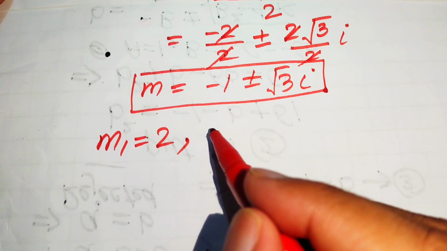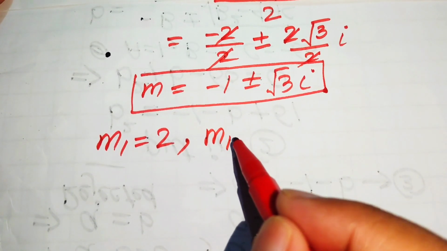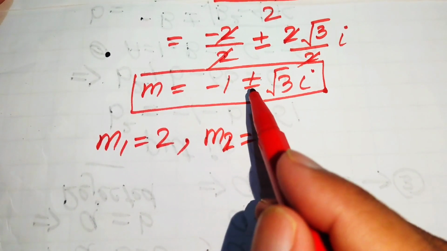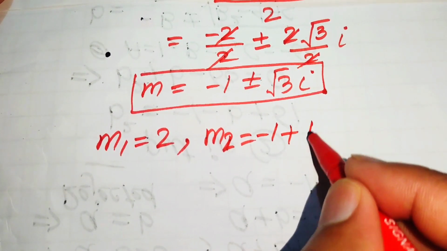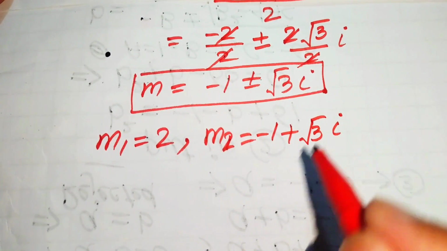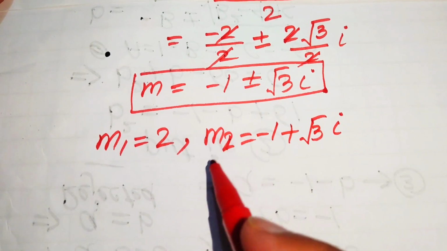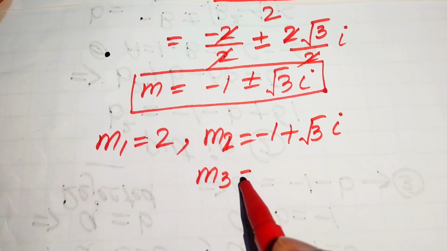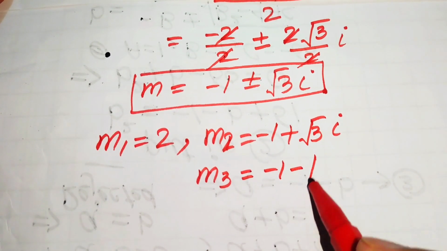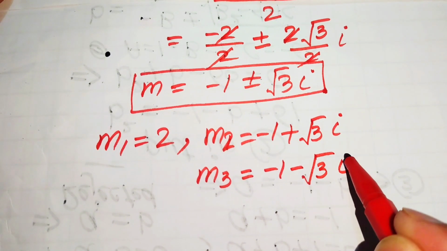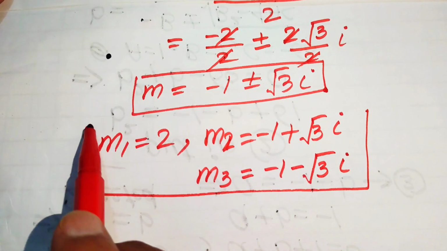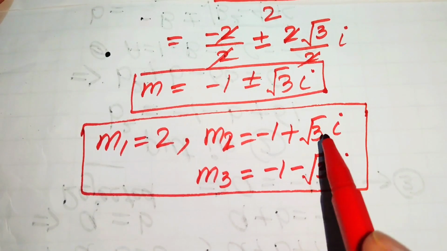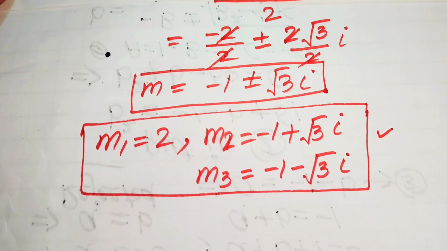The second solution is m2 equals minus 1 plus square root of 3 iota, and the third solution is m3 equals minus 1 minus square root of 3 iota. So these are the three solutions of the given equation.